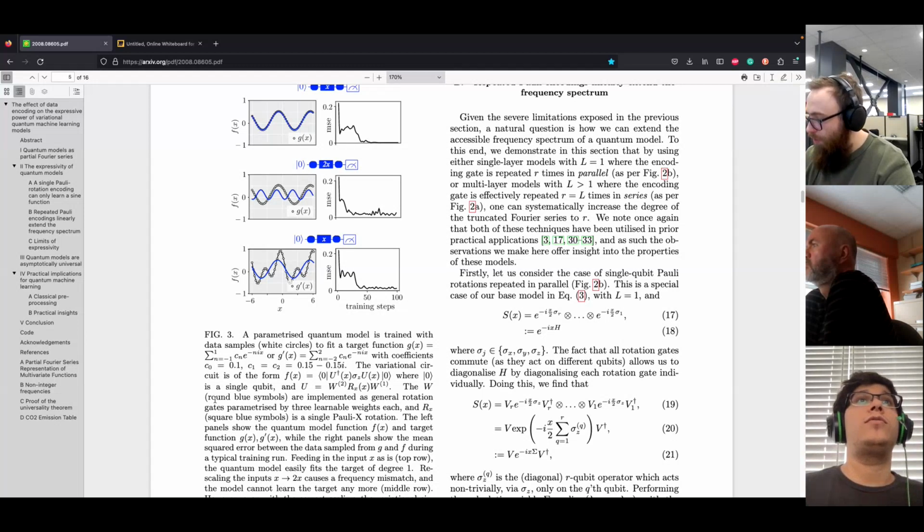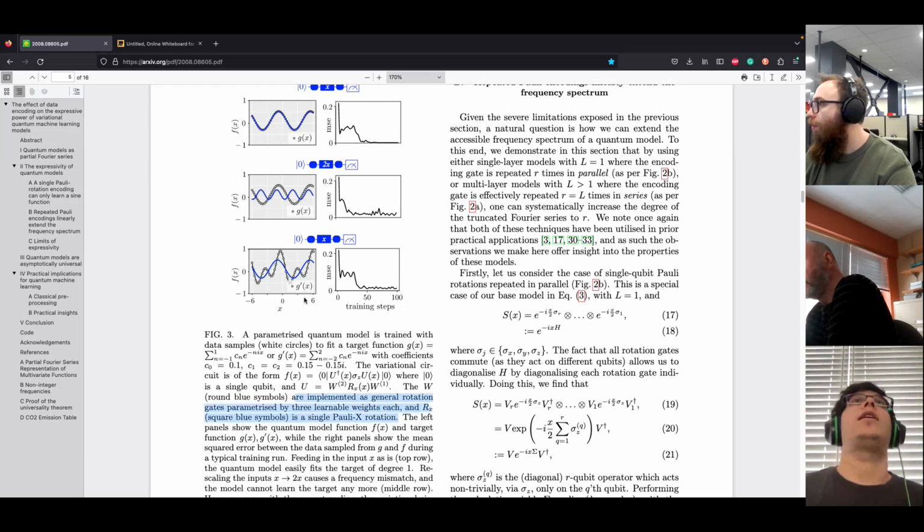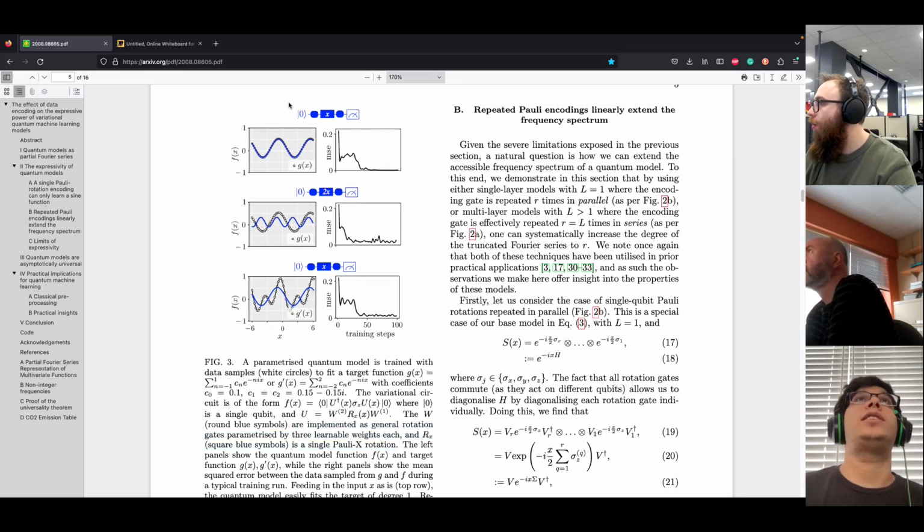Now the W round blue symbols are implemented as general rotation gates parameterized by 3 learnable weights each. Each Rx is a single Pauli X rotation. Okay. Now this describes the circuit that you see here at the top of each figure.